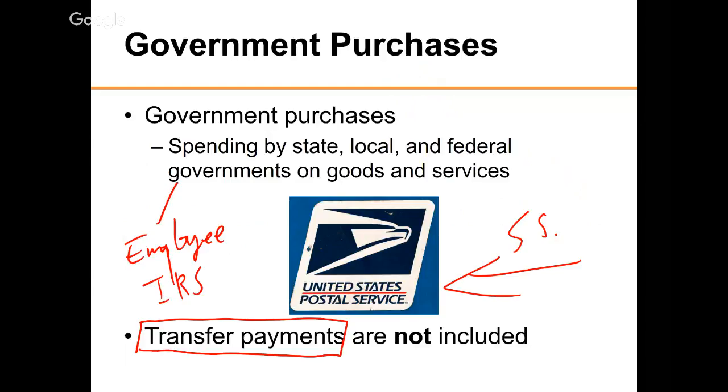This employee will be providing a service for the government. But for Social Security, the recipients don't do anything in return. They don't have to. You don't see old people holding a sign on the highway that says government is good just because you're getting money from government, right? Because those are free money, there's no string attached. The government is not receiving anything in return. So therefore, they're called transfer payments. And transfer payments are not part of our GDP.